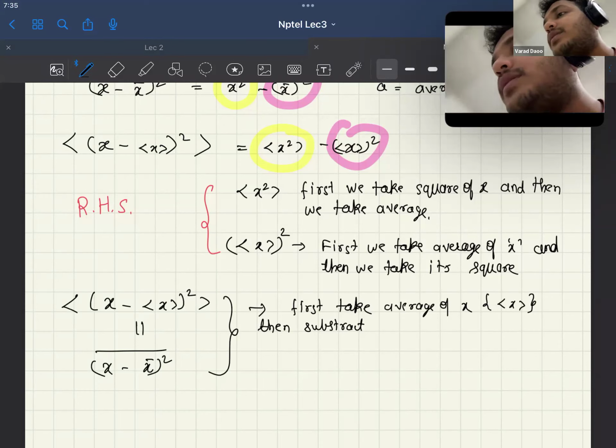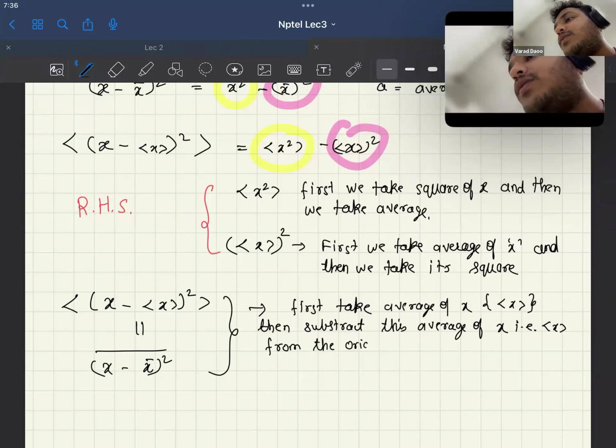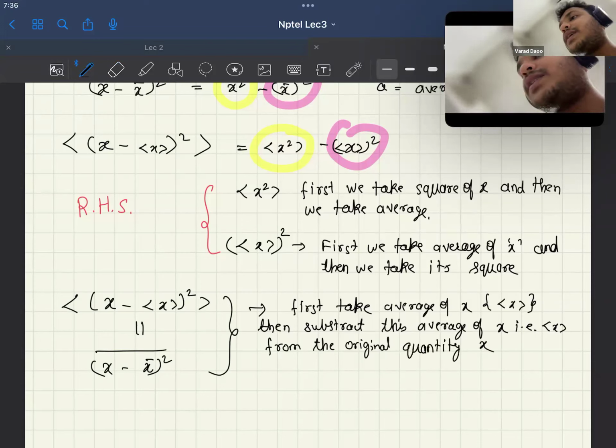Then subtract this average of x from the original variable or quantity, let's say x. At this point this becomes x minus x average.